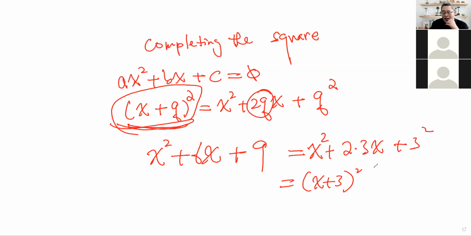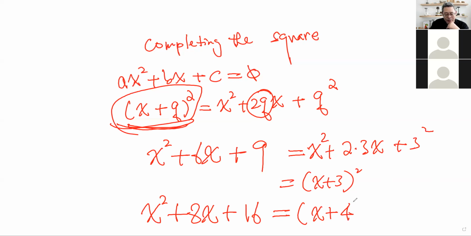Okay. Addie? Now if I write x squared plus 8x plus 16, then we know this has to be x plus 4 squared. Are we good on here?